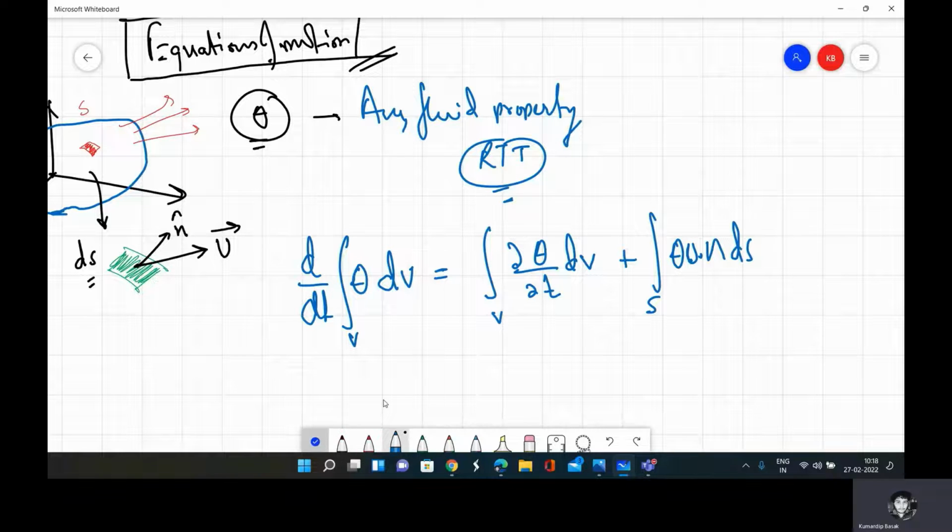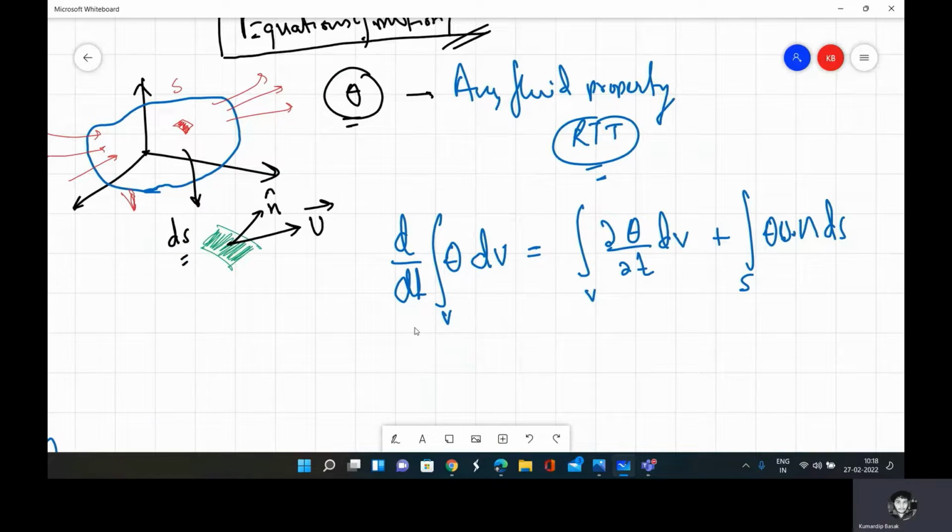Now you have to understand this very clearly, that this d by dt of theta dv, we are integrating over the control volume, where the differentiation sign is outside of the integral, and integrated over the volume means we are taking the whole volume there, the fluid property for theta. That can be written using Reynolds transport theorem, the higher dimensional analogy of the Leibniz integral rule.